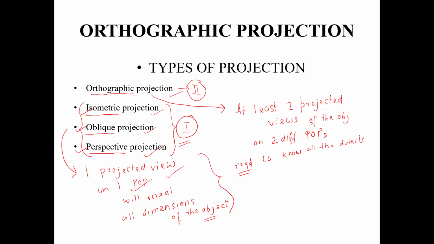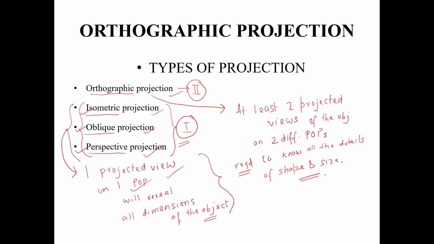You cannot get all the details about the shape and size of the object from a single view if you are following orthographic projection. And this is the reason why orthographic projection is slightly different from the other 3 types of projection whose names you are seeing on this slide.